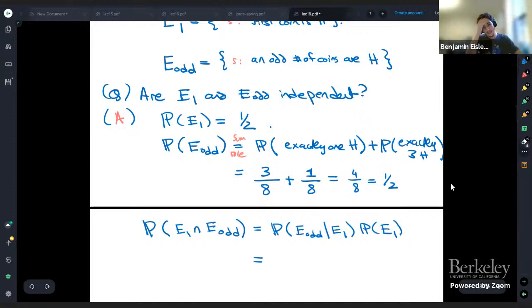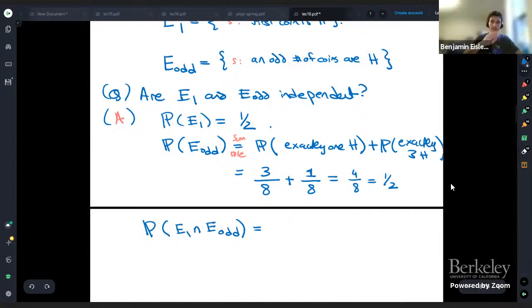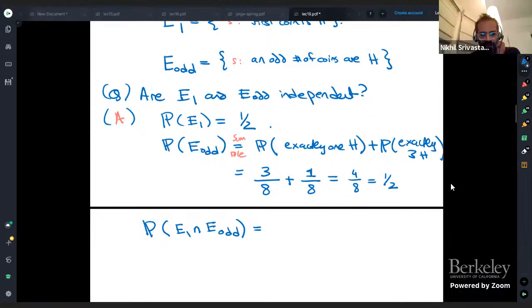Good idea. Notice that since we have E1, there's only one case for each. Let's use the sum rule. So this is saying that this is the probability that the first coin is heads, and either you have exactly 1 head or 3.